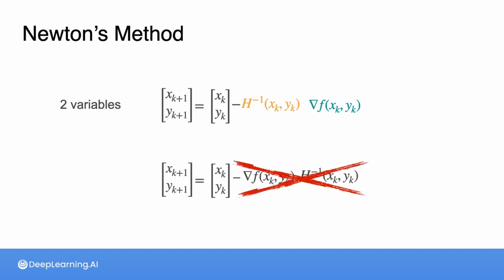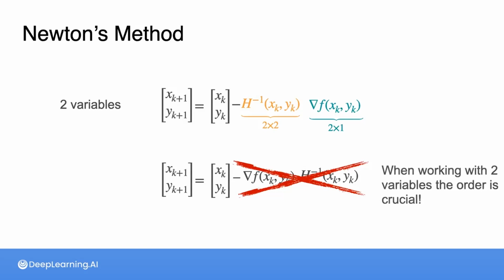The reason is that the matrix is 2 by 2 and the vector is 2 by 1, and you cannot multiply a 2 by 1 vector to the left of a matrix, you can only multiply it at the right. So when working with two variables, the order is crucial. Now, it's a lot of work to actually prove this formula, but we're just going to take it as is and notice that it actually is a sensible generalization of the one variable case.